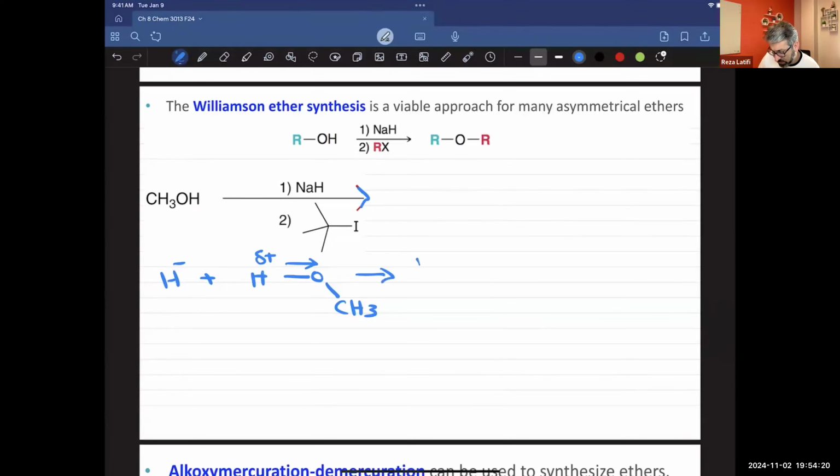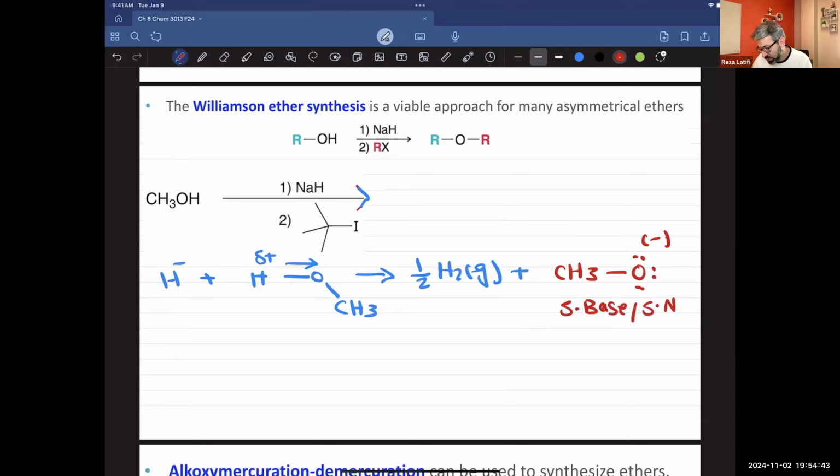And we will get half a mole of hydrogen gas, plus we get the methoxy, CH3O, which has a negative charge. This is a strong base / strong nucleophile.